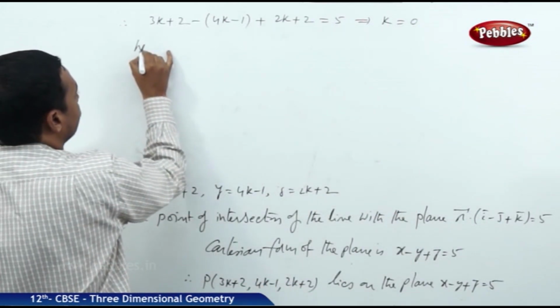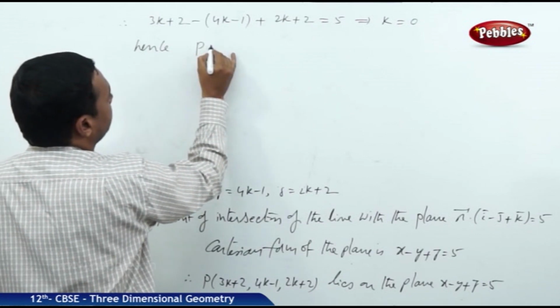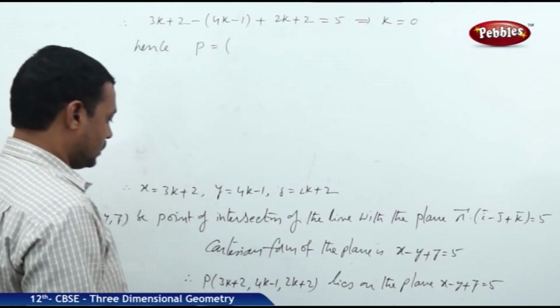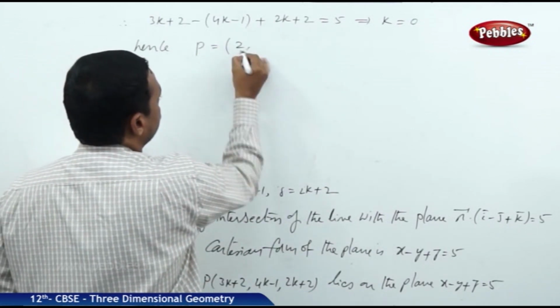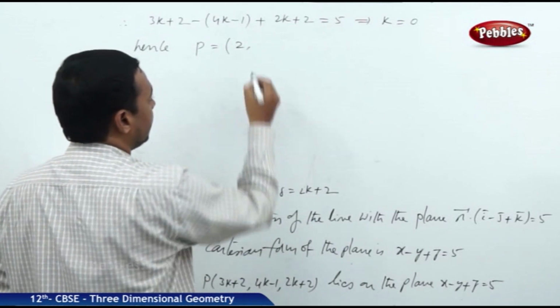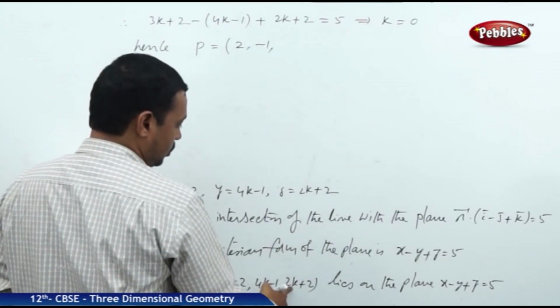Hence, the point P is (3k plus 2, 4k minus 1, 2k plus 2).